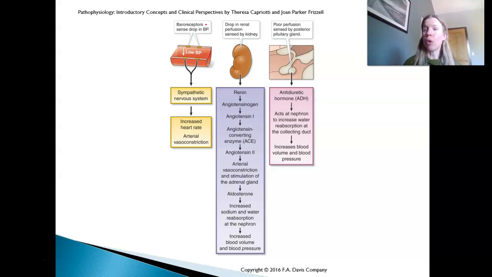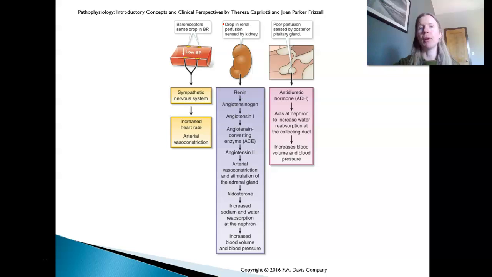These sense a drop in blood pressure and automatically trigger the sympathetic nervous system to increase heart rate and cause vasoconstriction. Now, this vasoconstriction isn't everywhere. Essentially, here what we're getting is a fight or flight response. And so we're going to be trying to send this blood to important organs and maybe not to the viscera, maybe not to the skin surface, that sort of thing.